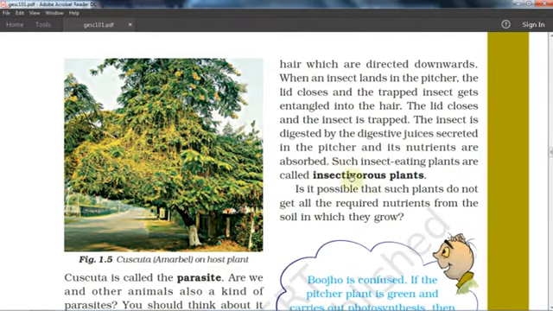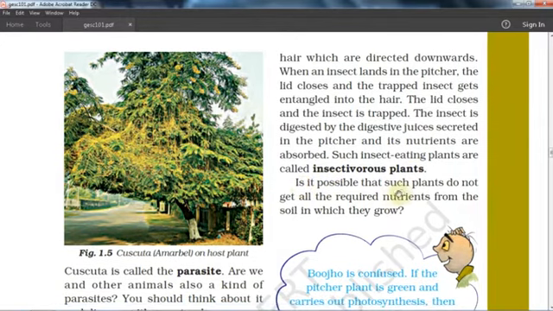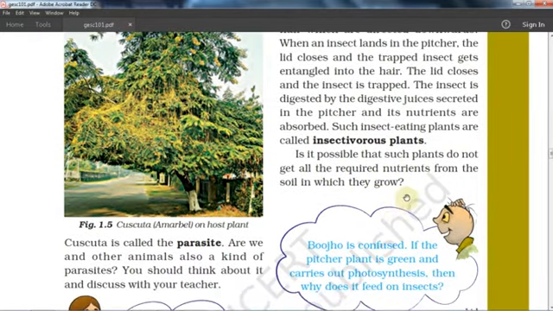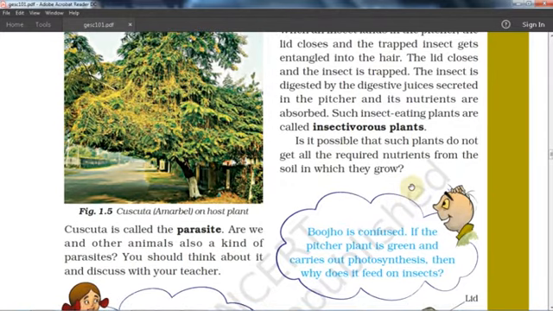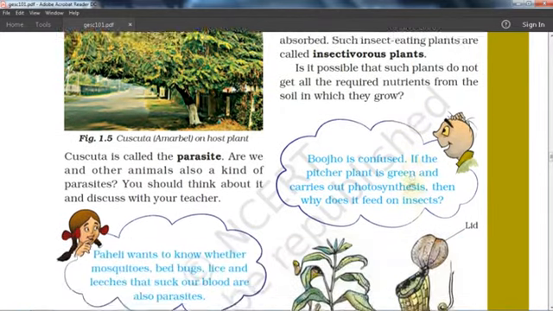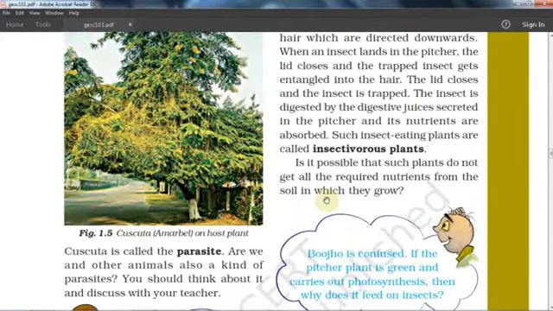So these kinds of plants are called what? Insectivorous plants. So students, is it possible that such plants do not get all the required nutrients from the soil in which they grow? Obviously, that is why they use insects to fulfill their needs.